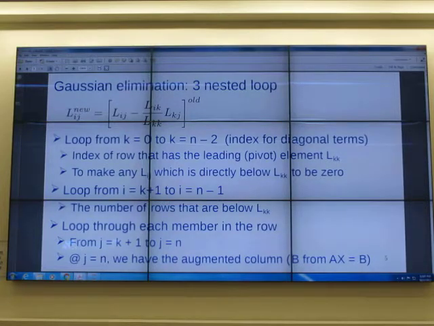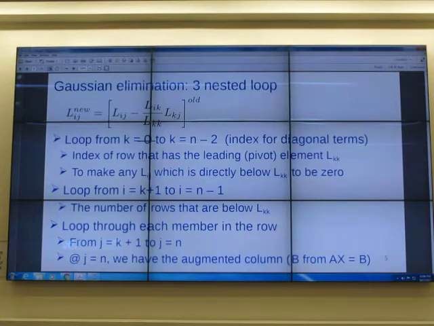Okay, look at the loop. We have to loop from k equal to 0 to k equal to n minus 2. What is n minus 2? Let's say n is the number of rows, and k is the index of the row that has the leading pivot element LKK.